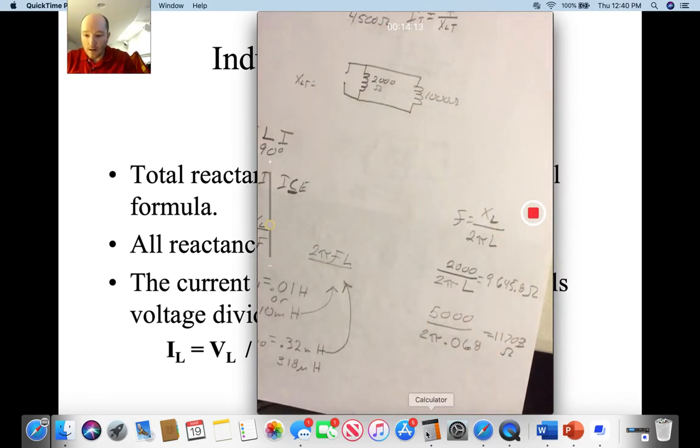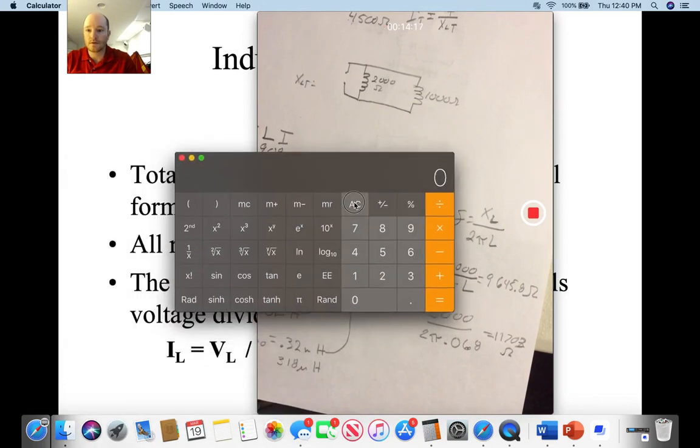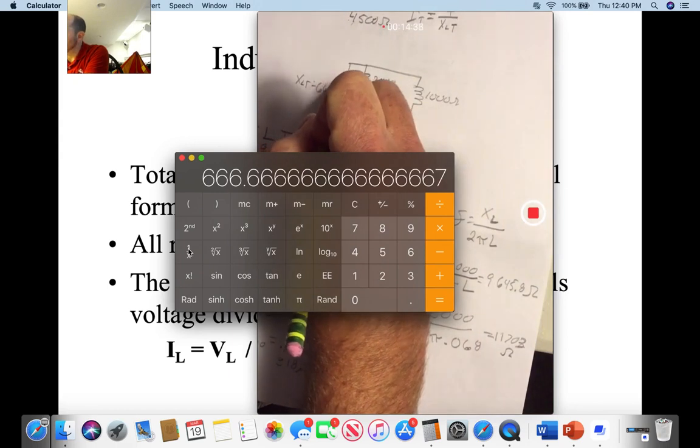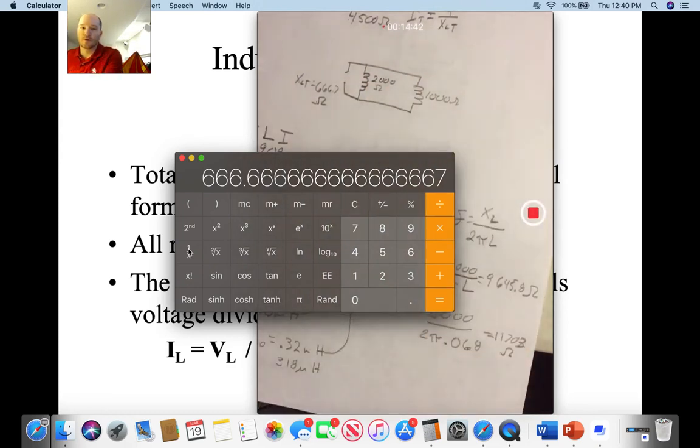We will bring up the calculator, clear this out. So we would take 2,000 inversed plus 1,000 inversed equals, take the reciprocal of that, and boom, I'm at 66.7 ohms total.